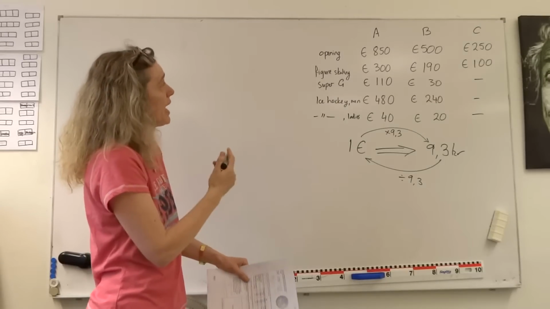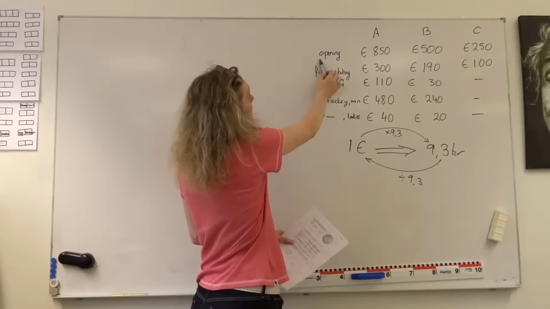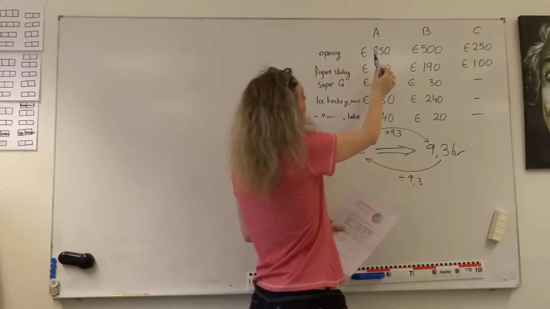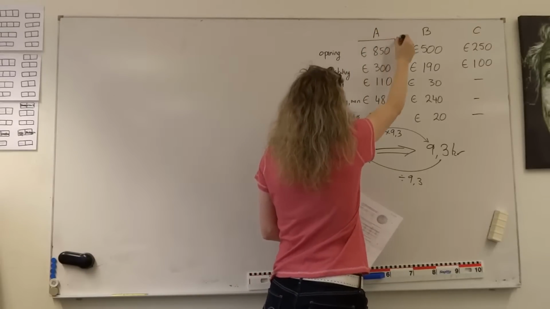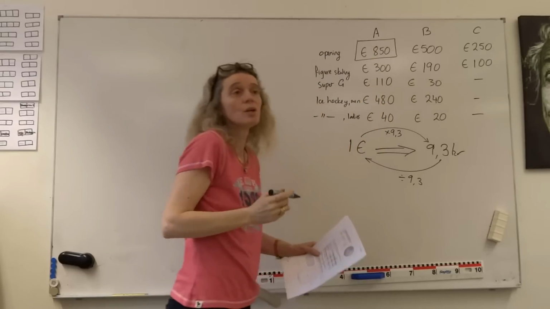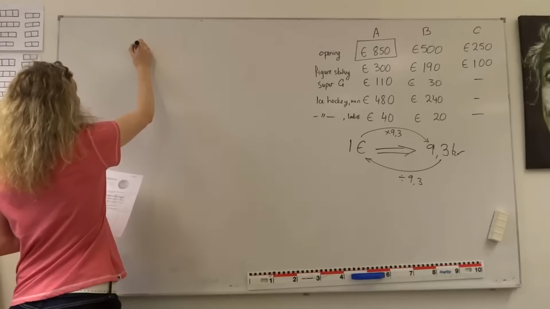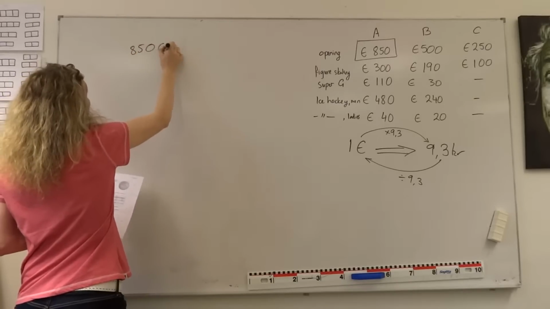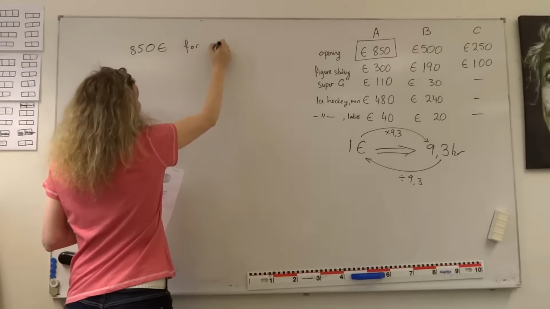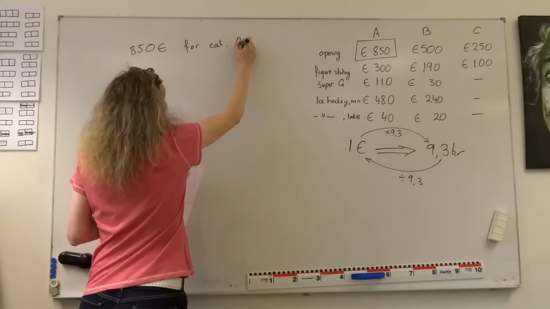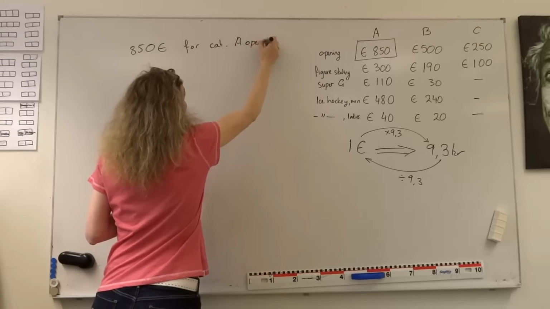So we have to look at the table and we have to say, where's the opening ceremony? It's here. Where's the category A seats? It's here. And then we have to convert that into euros. So 850 euros for category A opening ceremony.